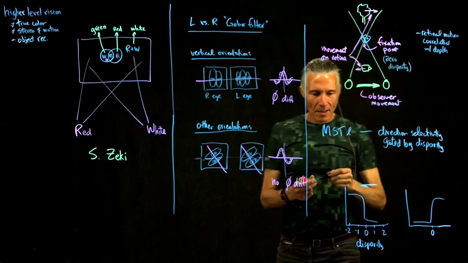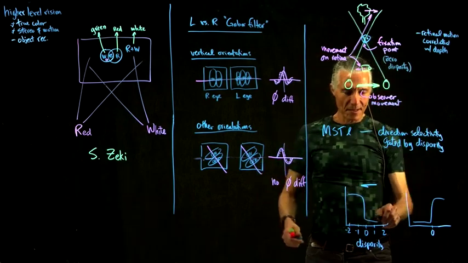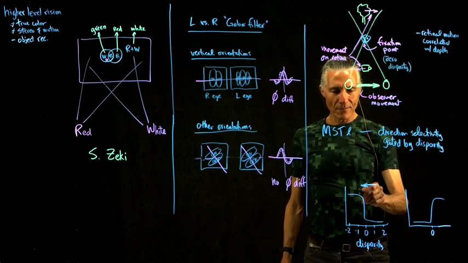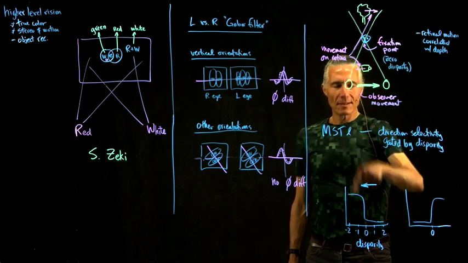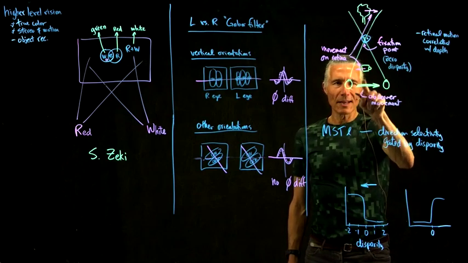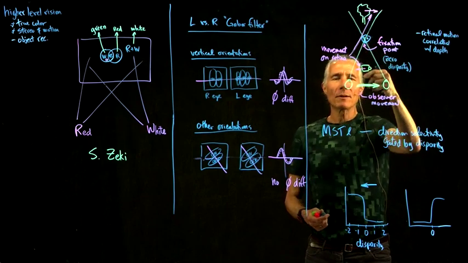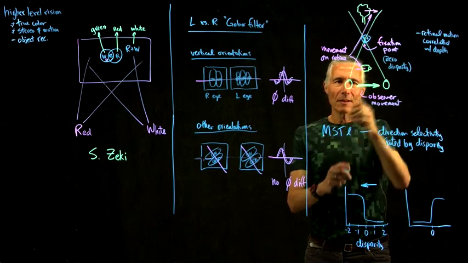So at zero disparity, the cell is sort of transitioning, but basically this is a cell that likes leftward movement. So it likes leftward movement when you have negative disparity, which means disparity that's one way away from zero disparity.